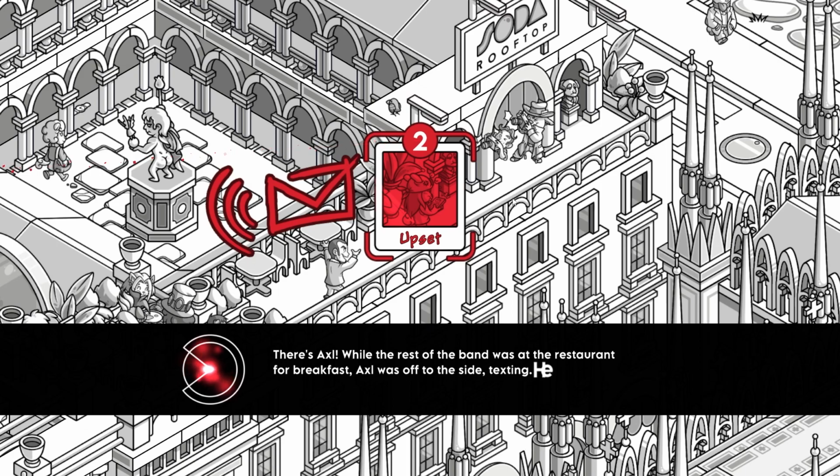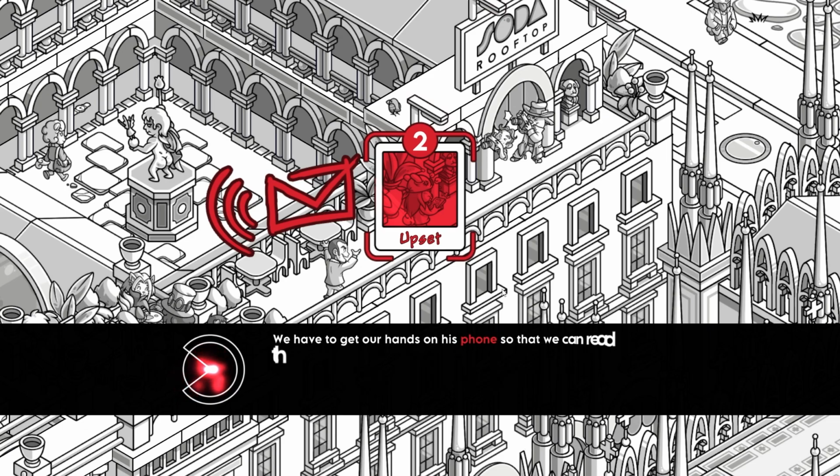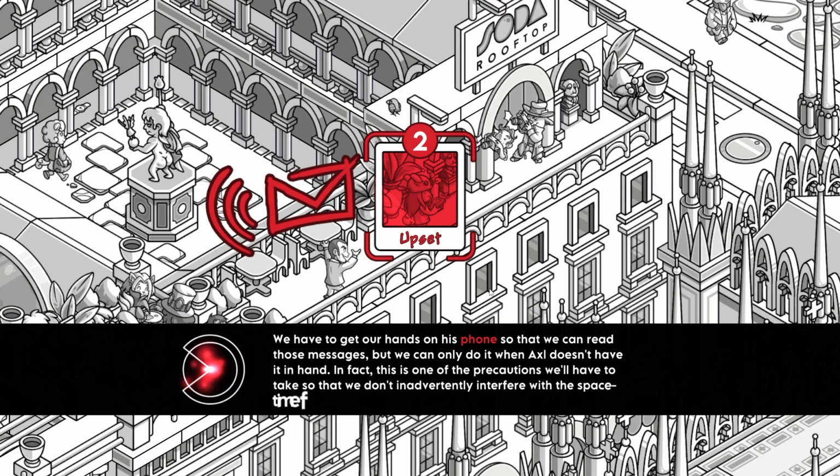While the rest of the band was at the restaurant for breakfast, Axel was off to the side texting. He seems particularly upset. Who is he writing to? We have to get our hands on his phone so that we can read those messages, but we can only do it when Axel doesn't have it in hand. In fact, this is one of the precautions we'll have to take so that we don't inadvertently interfere with the space-time flow.